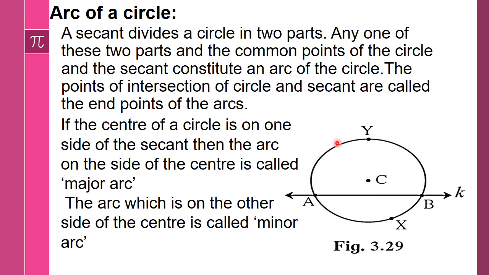This AYB is the bigger piece of the circle, so it is the major arc, and the smaller piece, which is AXB, is called the minor arc. So if you have a secant towards which the center lies, that particular arc is the major arc, and the other one, the smaller one, is called the minor arc. Now let's see how to find the measure of an arc.